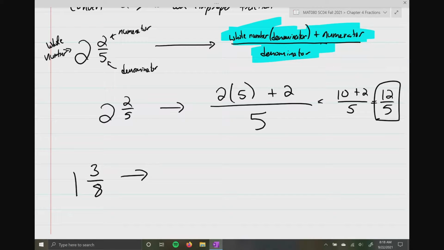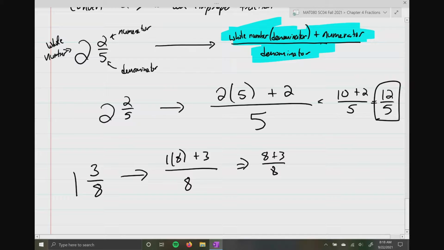Sure, I'd love an answer, Kim. 11/8. All right, let's see if you're correct. So according to my model up top in the upper right-hand corner, denominator stays the same. And then I have in the numerator 1 times 8 plus 3. 1 times 8 is 8. And 8 plus 3 is 11. So 11/8. Kim, excellent job.